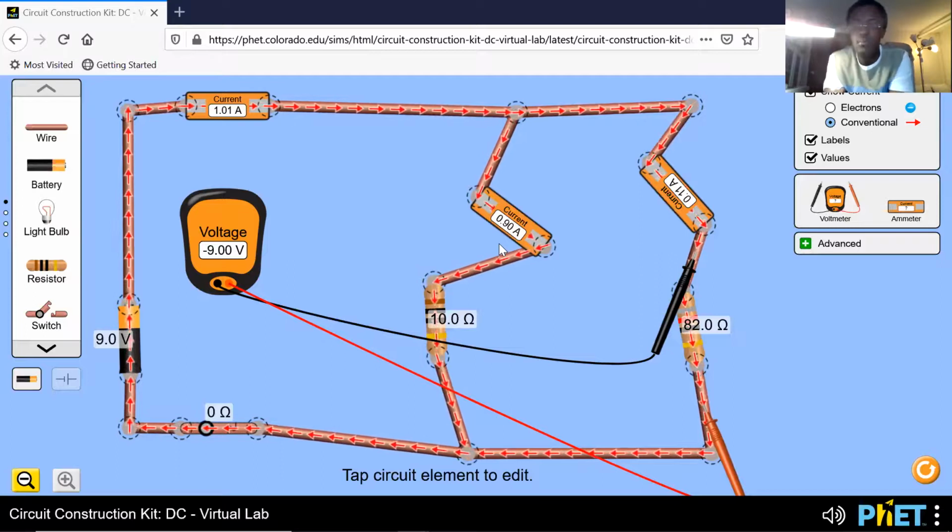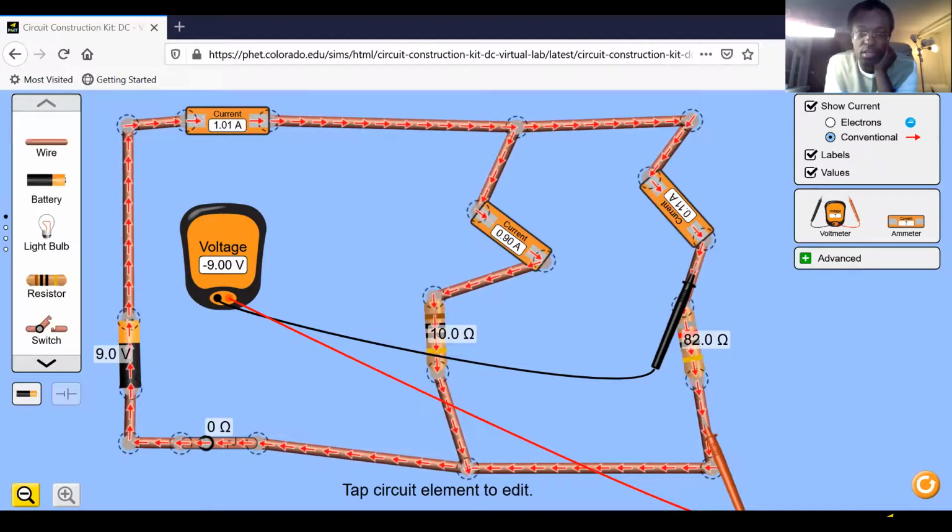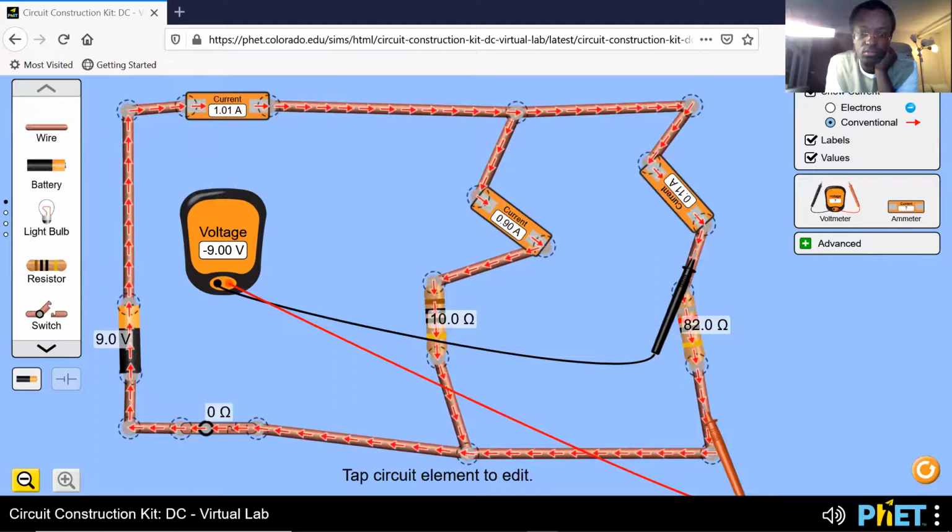In the same way, for the current through the resistor on the right, take the voltage, 9, and divide that by 82. What's 9 divided by 82?